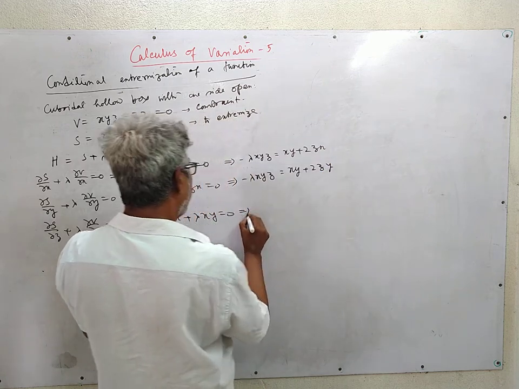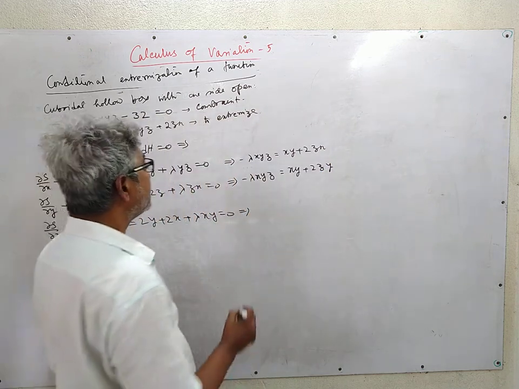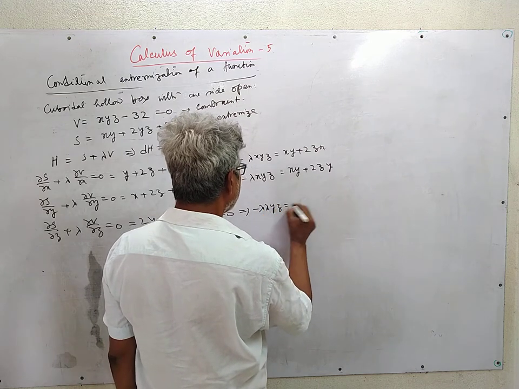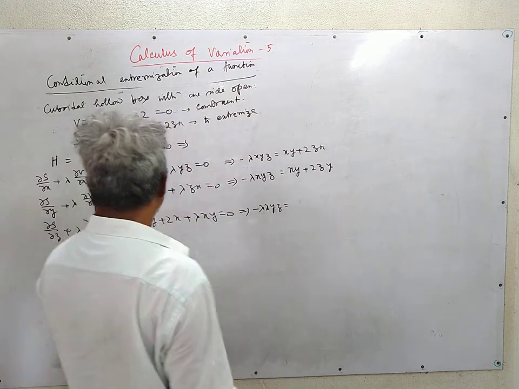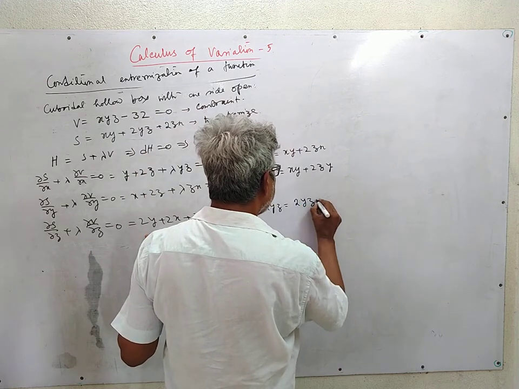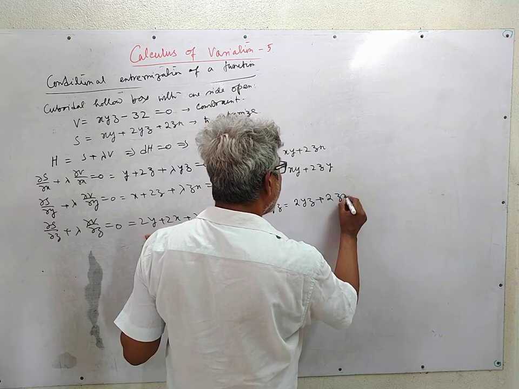And if we multiply the last one by z, we get -λxyz = 2yz + 2zx.